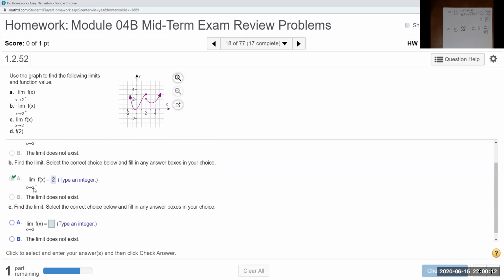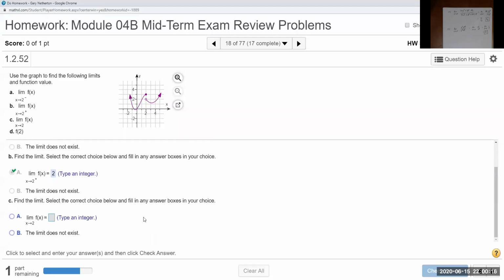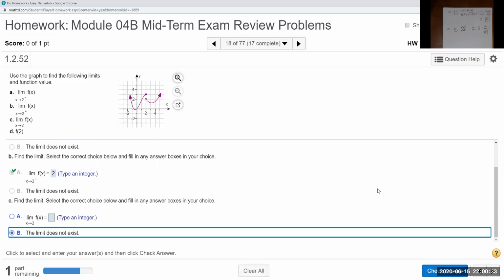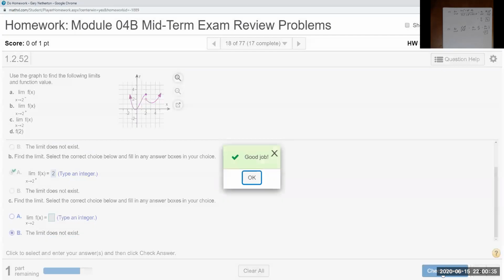The limit from the right as x approaches 2 is 2. Since those are not the same, there is no limit as x approaches 2. Because for there to be a limit, the limit from the left and the limit from the right have to be the same thing. So for part C, I'm going to say there is no limit, and that is correct.